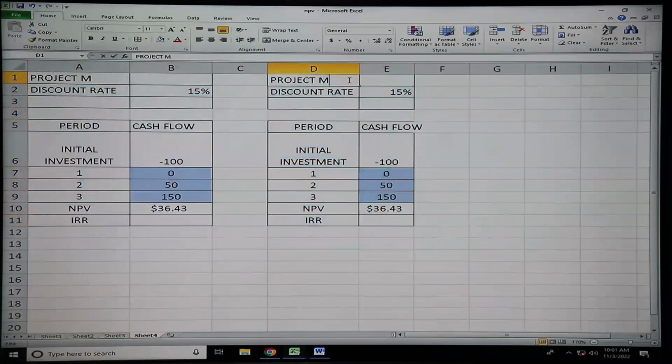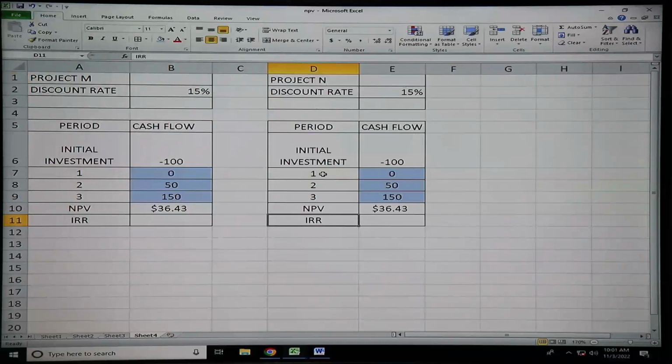You have another project N. So you format your data that way. You do it very fast because I want to wind up.